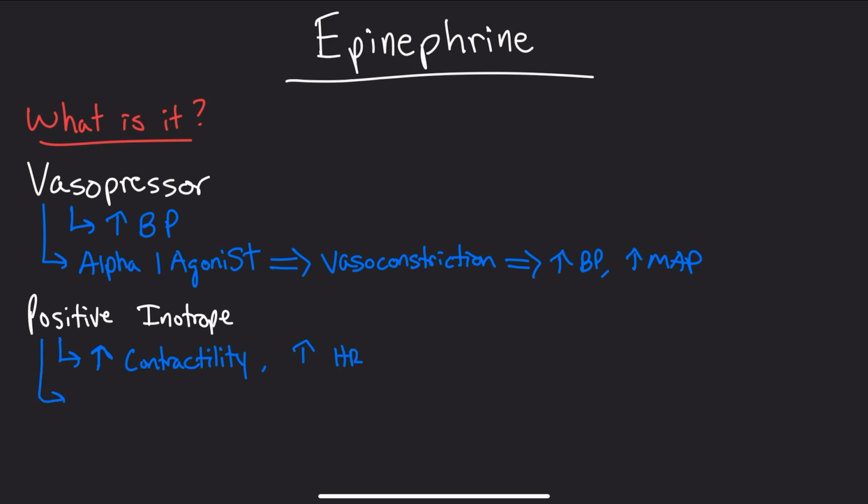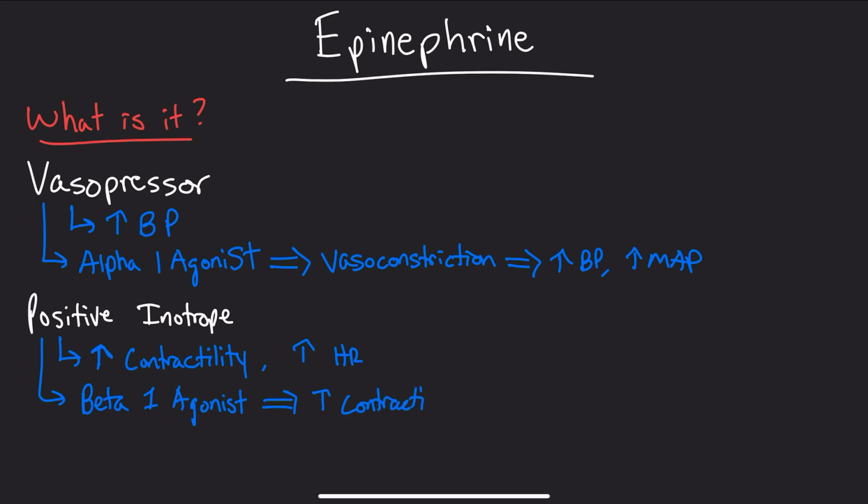It does this because it acts as a beta 1 agonist. Beta 1 affects the heart, so increased contractility and increased heart rate, and both of these work together to increase your cardiac output.